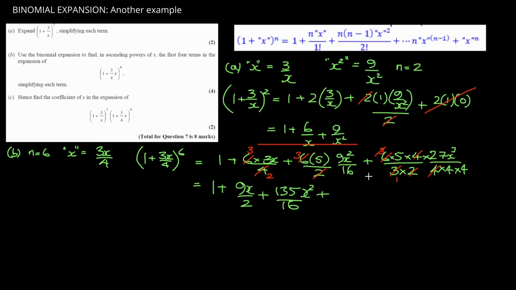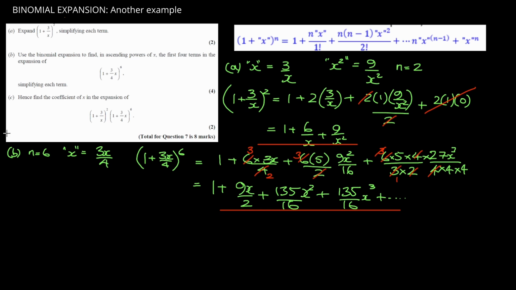And plus, now in this last term, we've got 5 times 27. Well, that's actually the same constituent parts here. 5 times 3 times 9, 27. So this again, 135 over 16, x cubed. And this goes on. It's always worth popping that on, I think. Okay, that's the answer to part B.